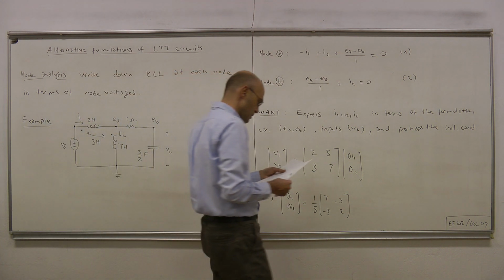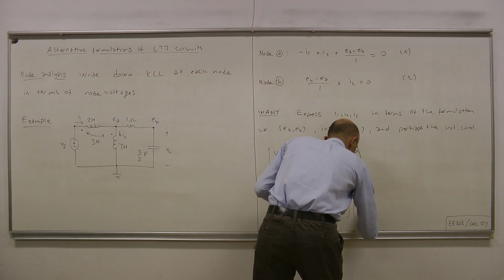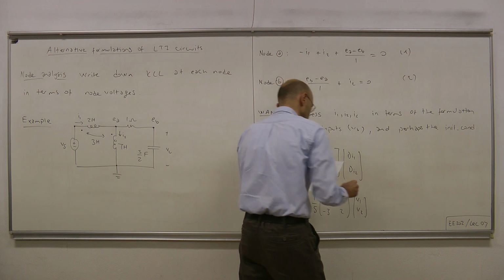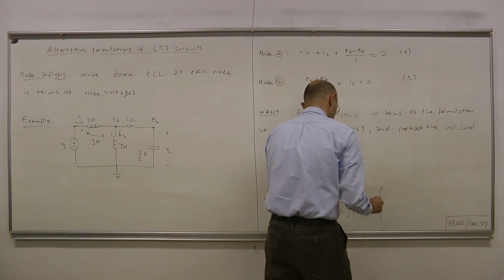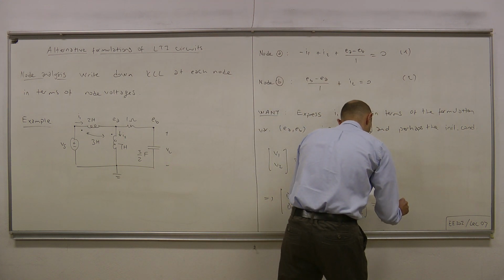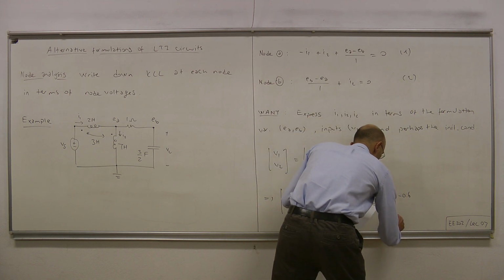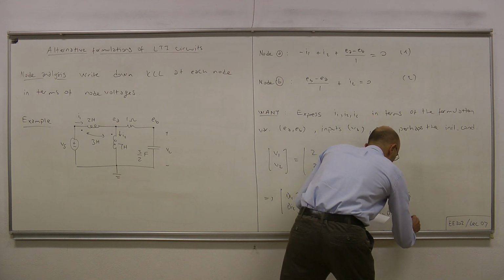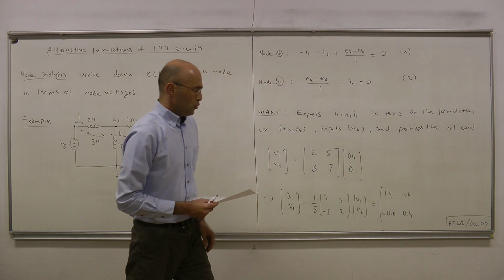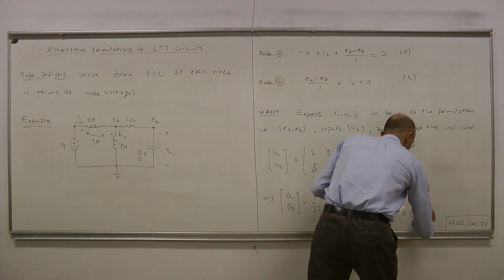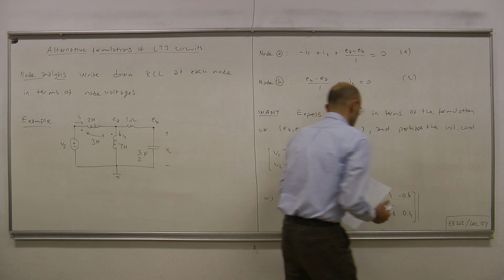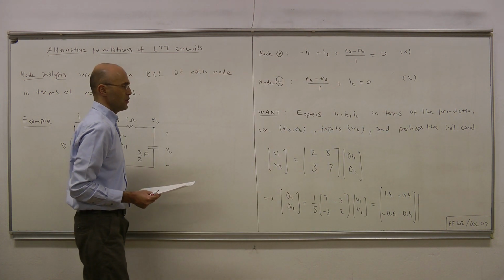So that's our inverse times V1, V2. And that equals 1.4, minus 3 over 5, same thing, and 2 over 5, times the voltages V1 and V2.